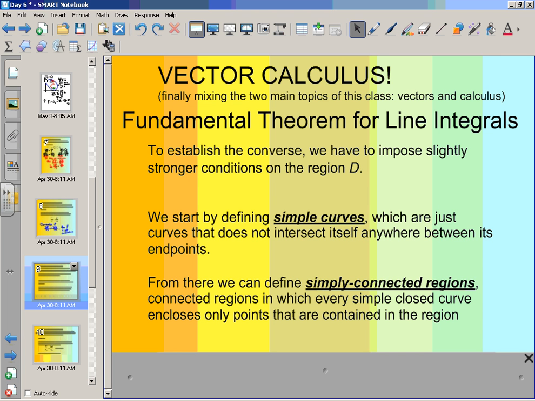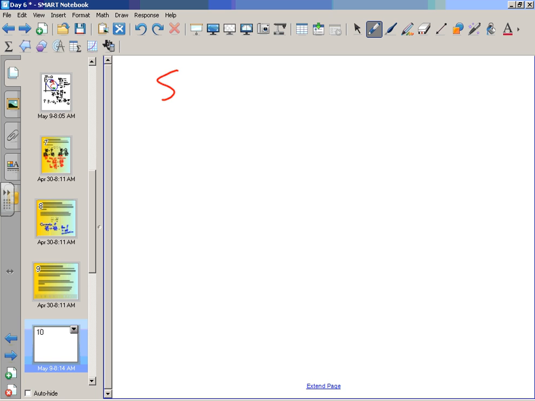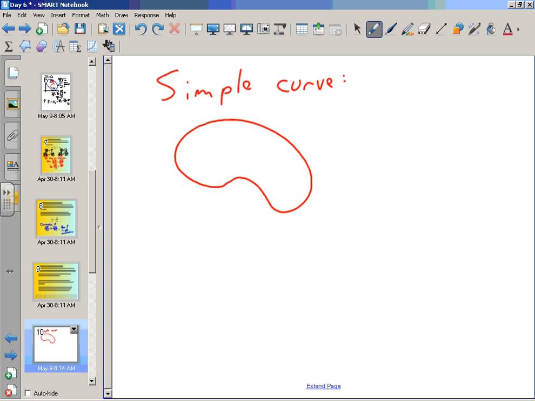Simply connected is pretty straightforward. A simple curve would just be any curve that doesn't intersect itself and is closed. So it's closed and has no intersection.